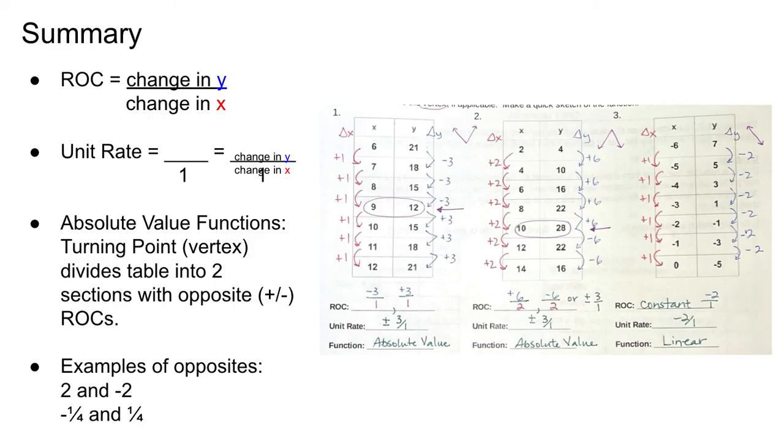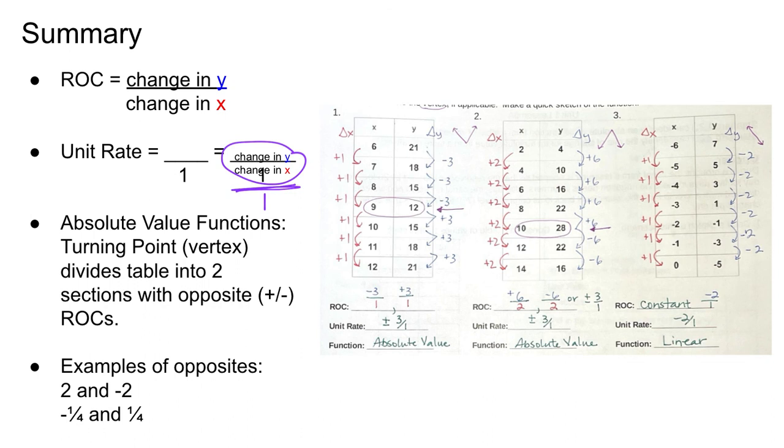To quickly summarize this lesson, rate of change remains the same. It's change in y over change in x. Unit rate is always something over 1. That should look like the change in y over change in x. You divide that on your calculator, and then that is over 1 for the unit rate. This is especially helpful if you have something that comes out fractional or a decimal.